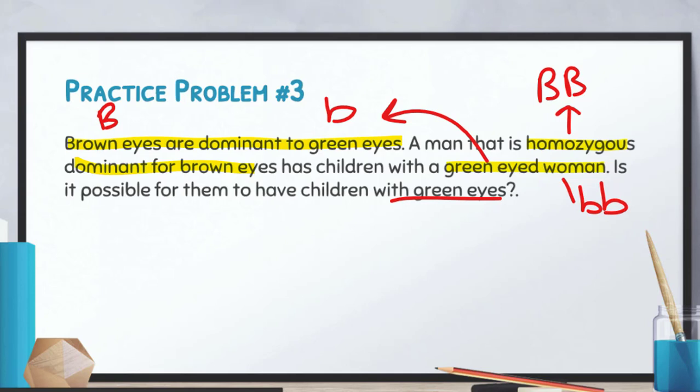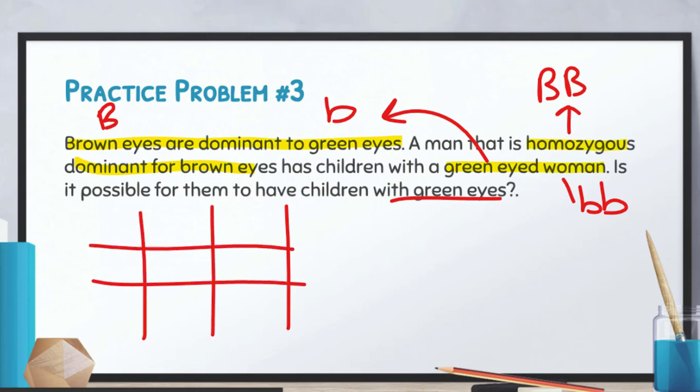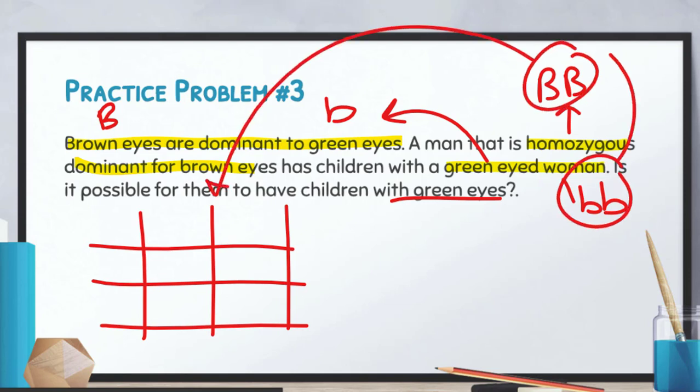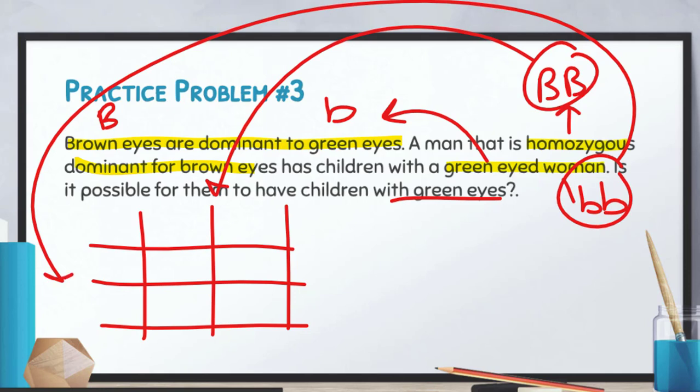Let's build our Punnett square just to make sure. So we're going to take each of these and we're going to put them in here. Recombine them.